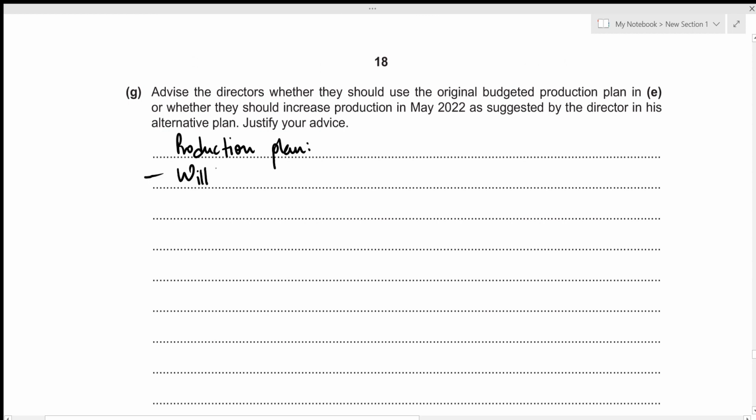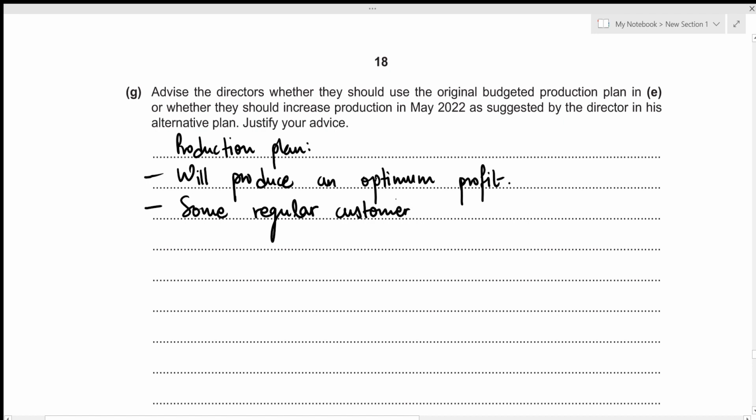Will produce an optimum profit. Then since we are cutting down the production of product Y, some regular customers may not receive their order, right? Let's write it down as well. Some regular customers may not receive their order.